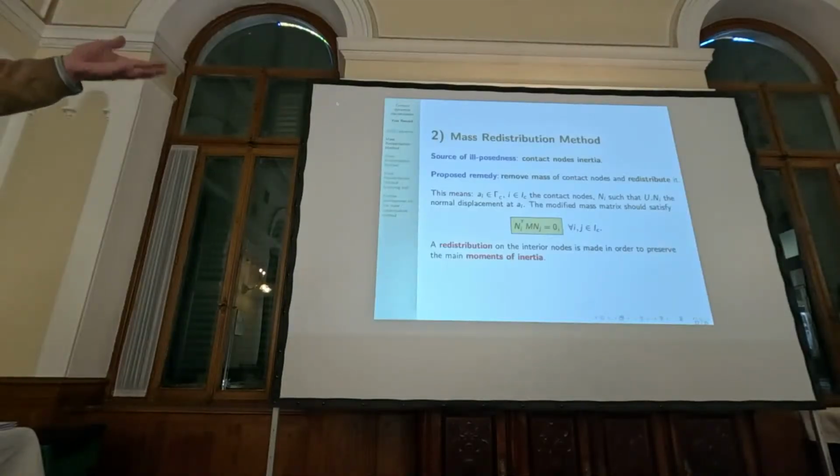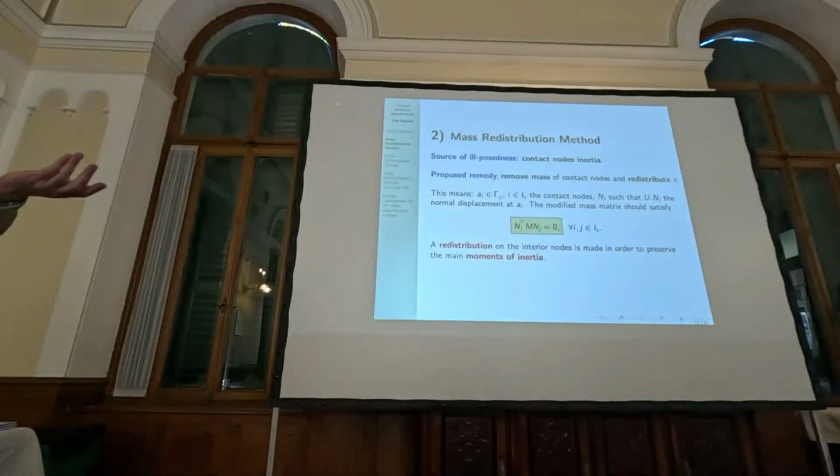And of course, it's a bit variant, but it can be done, for instance, with different discretization between displacement and velocity. So in a more natural way than just putting 0 in the mass matrix.